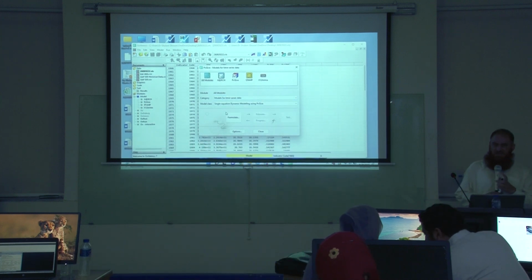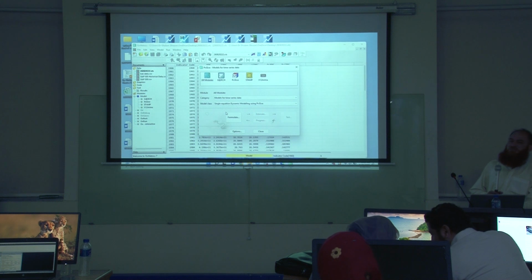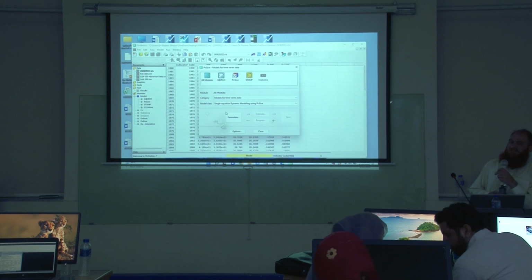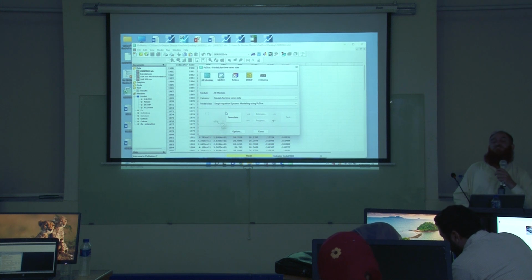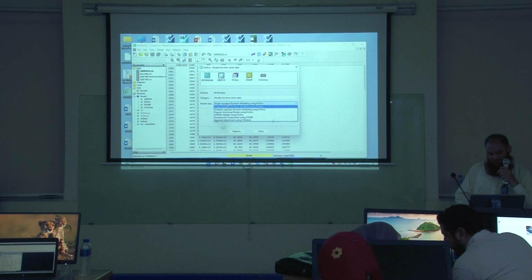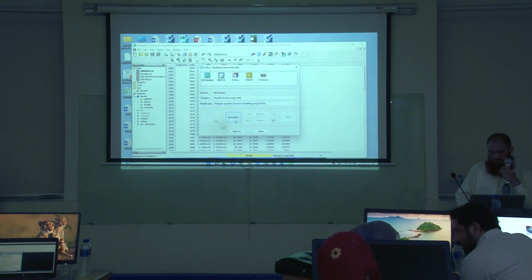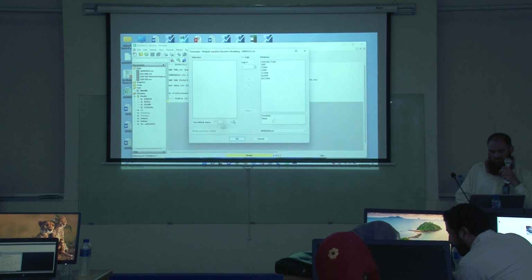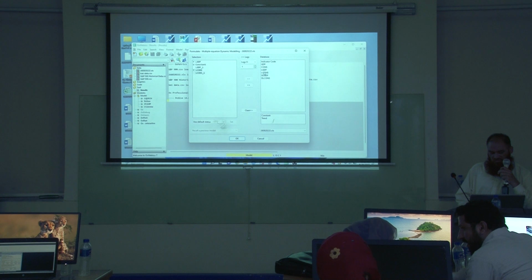And now this is not single equation modeling. You basically want to estimate a VAR, vector autoregressive model, which is basically a multiple equation model. So you have to change to multiple equation dynamic models, formulate LGDP and LCONS.